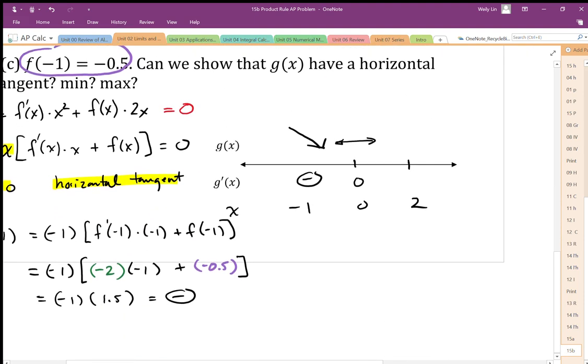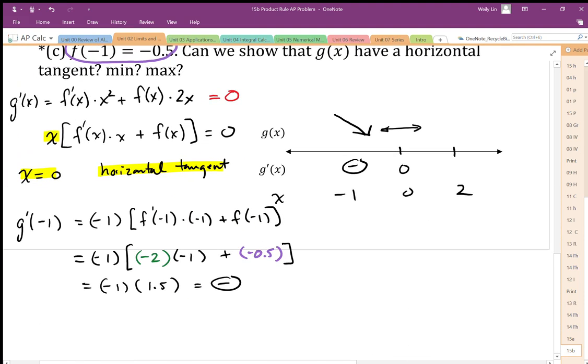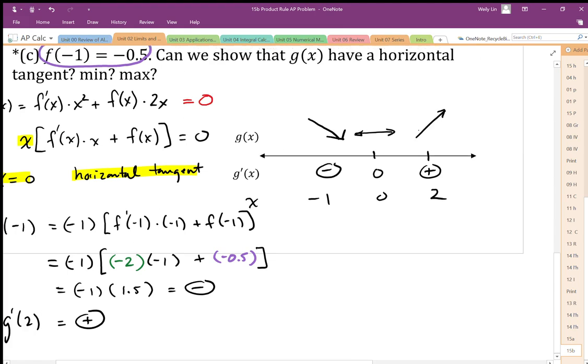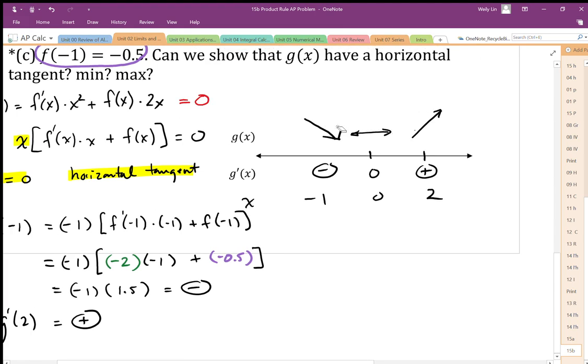So if that's equal to positive 8, we can just generalize and say that g prime at 2 is positive. There's a positive slope in here. That means the graph must be doing this. So looking at the shape of this graph, this definitely results in a minimum. So this is a bottom, it must be a minimum.